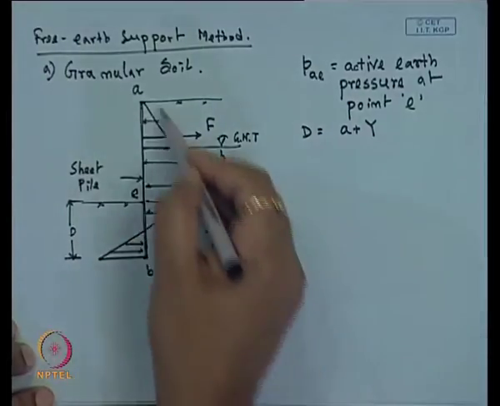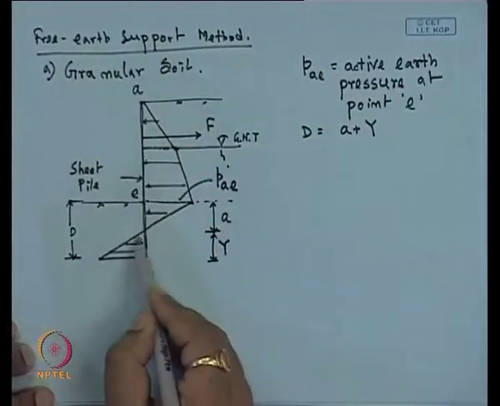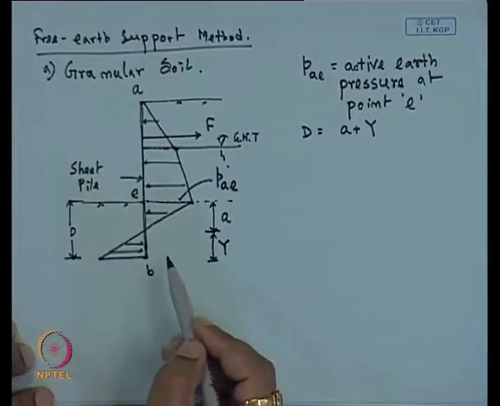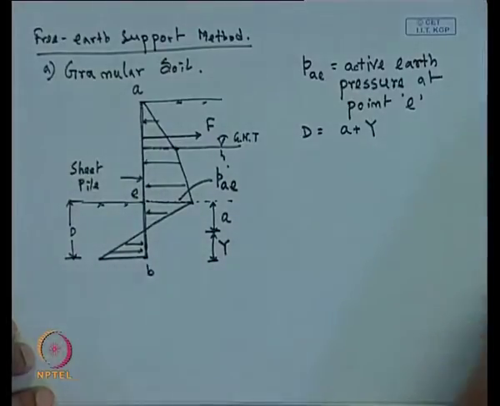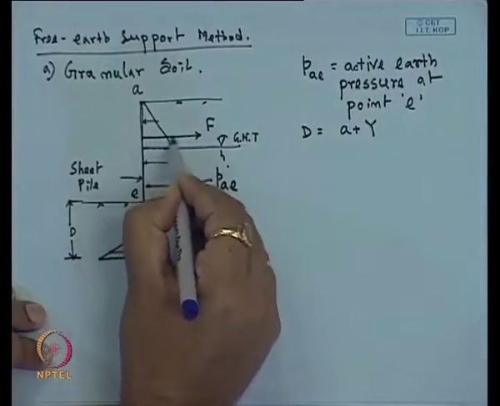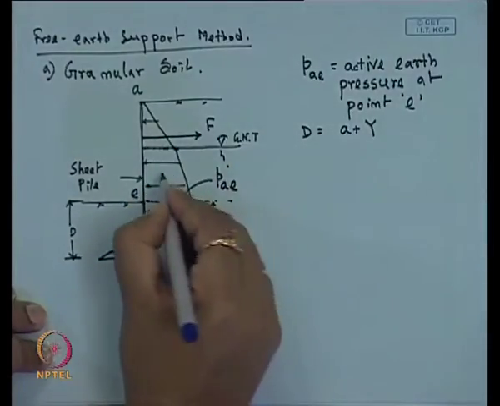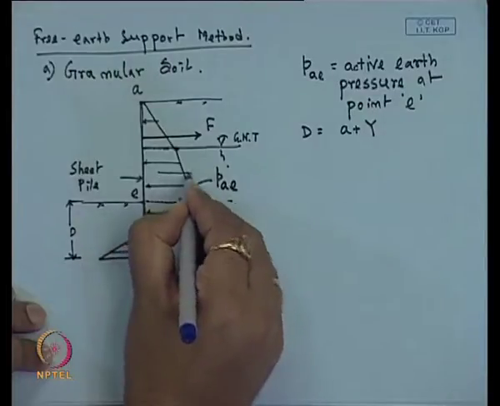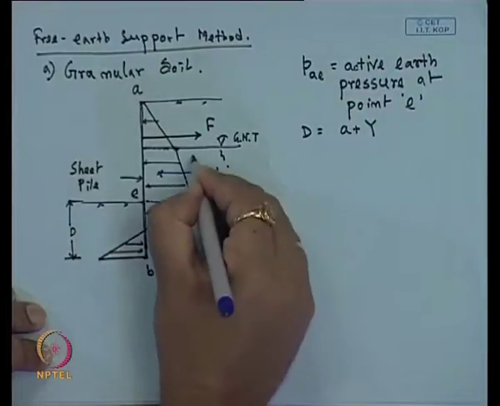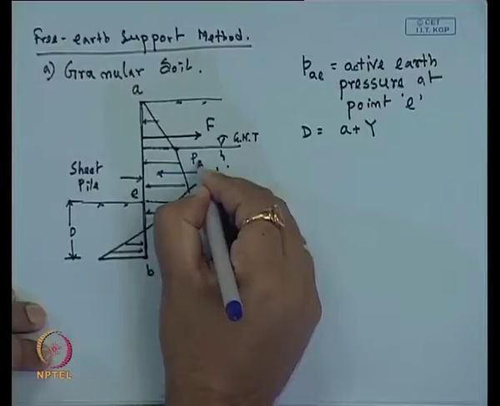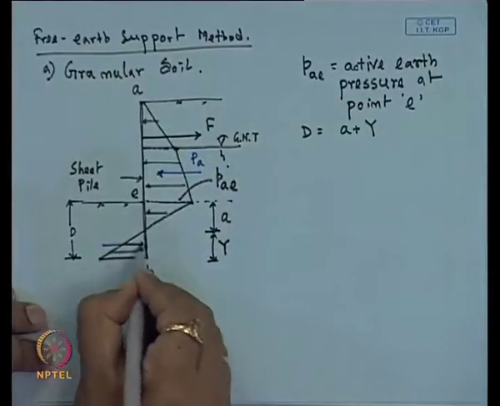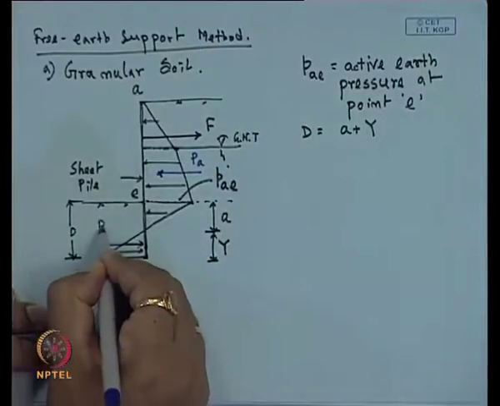One portion is the active zone and this is the passive pressure. Now, if I take these different forces, what are the forces acting? One is F due to this anchor, and another is P active, and another force, P passive.